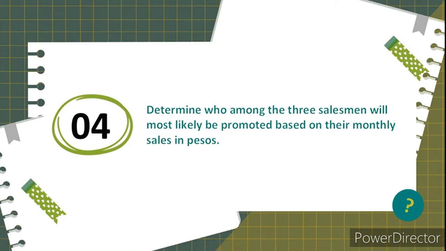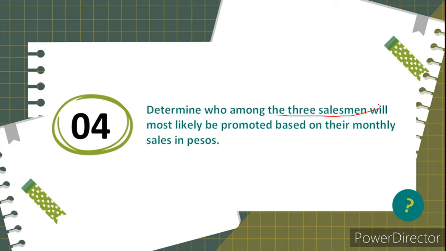And then number 4, we're going to determine who among the 3 salesmen will most likely be promoted based on their monthly sales. Answer, is it t-test, Z, or F?